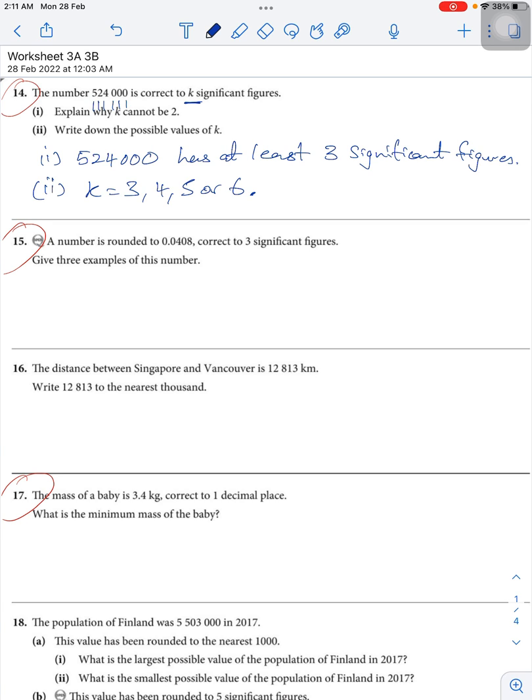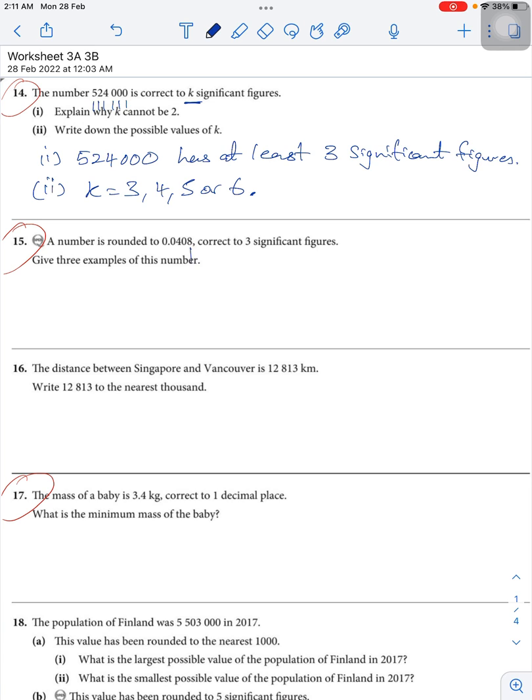Now question number 15. The following number has been rounded off to 0.0408, correct to 3 significant figures. So give 3 examples of these numbers. You have quite a wide variety over here.